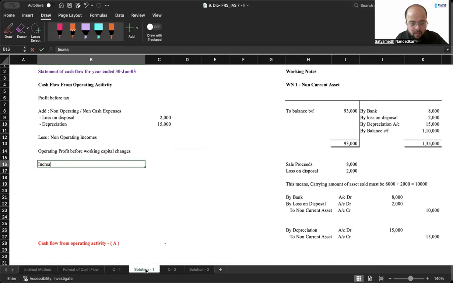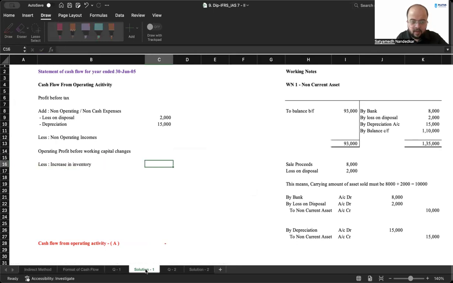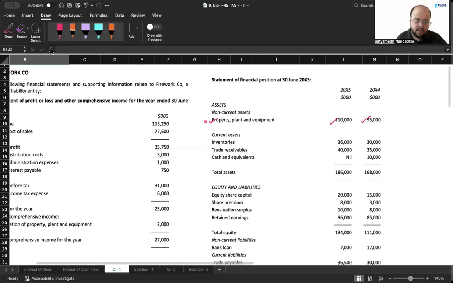Okay, so write down less increase in inventory. How much? 6,000. Tackled inventory. Put a tick mark. Then trade receivables. Opening 35, closing 40.